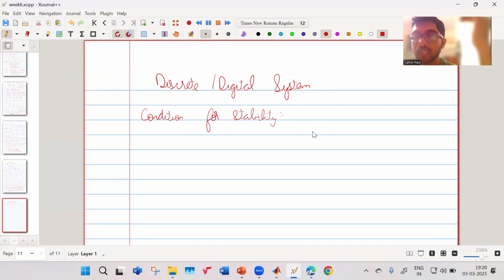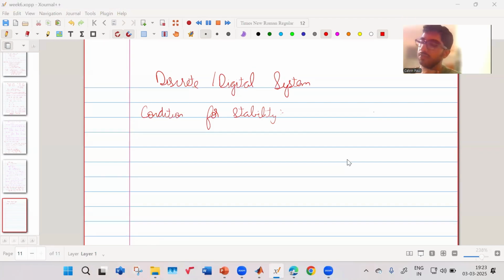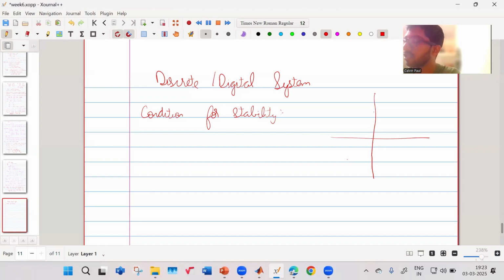What is the case for a discrete or digital system? Anyway, I'll tell. For a discrete time system, we consider the Z plane, and the poles need to lie within the unit circle.